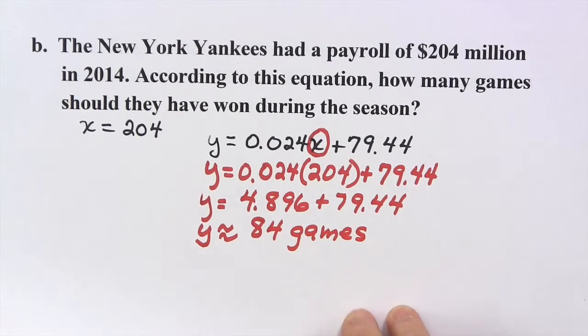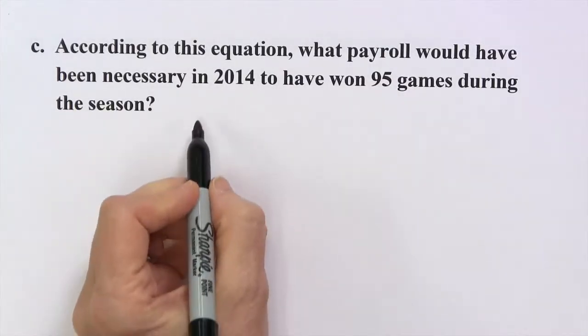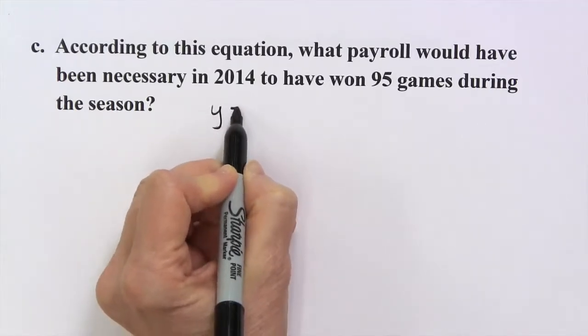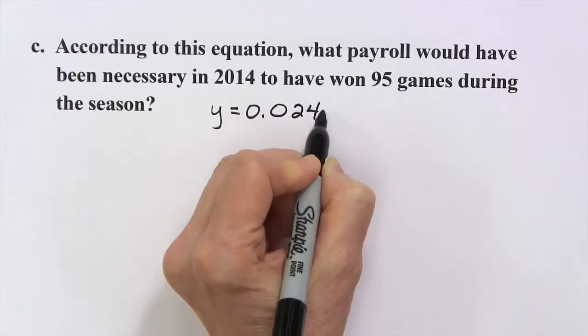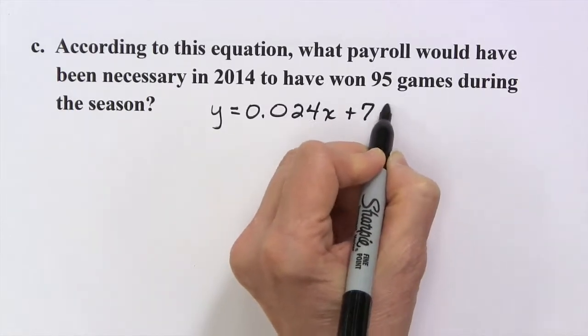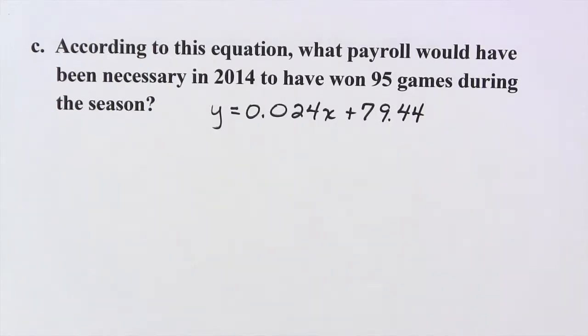Now let's continue to work with this equation, and let's look at part C. According to this equation, let me write that down: Y equals 0.024x plus 79.44. According to this equation, what payroll would have been necessary?